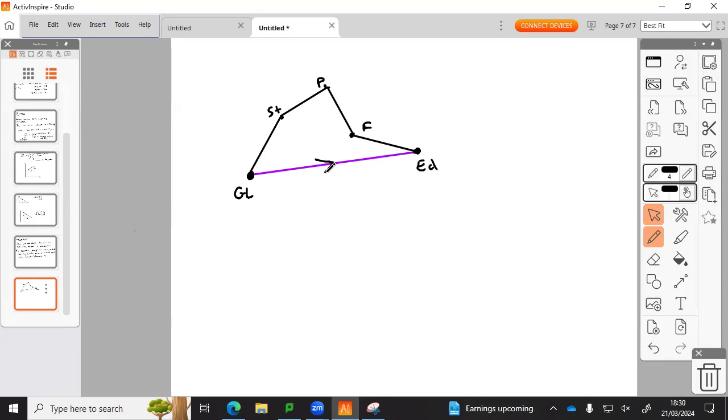So that's my journey, that can be my path. But my vector, sorry, the resultant, the shortest distance from Glasgow to Edinburgh, takes all of them into account, but takes me in a straight line.